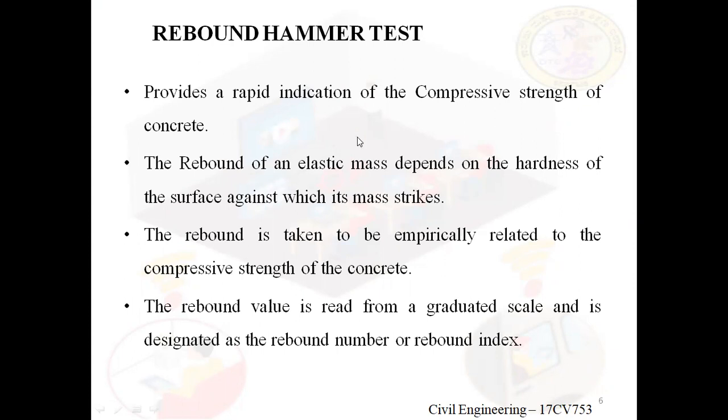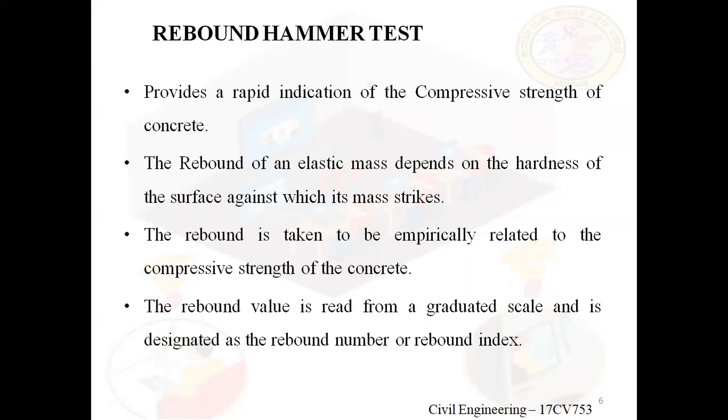Let us see the rebound hammer test. By conducting it, what are the things we can achieve? It provides a rapid indication of the compressive strength of concrete. One of the main purposes of conducting this test is to find approximately the compressive strength of the concrete. The rebound of the elastic mass depends on the hardness of the surface against which the mass strikes.